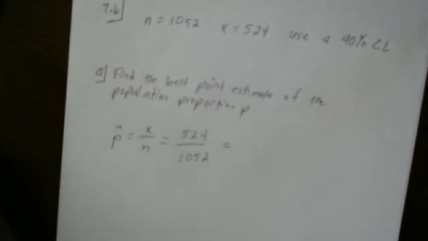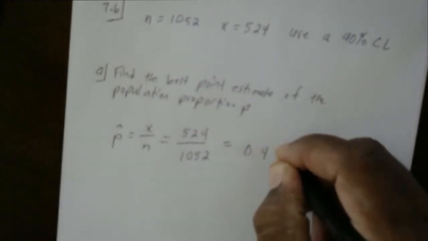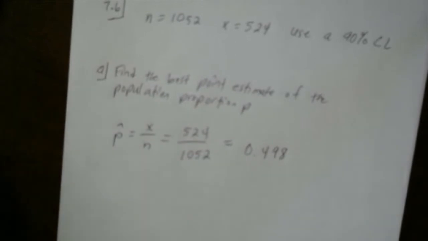I'm actually going to go back to the question. It says round to 3 decimal places, 0.498.